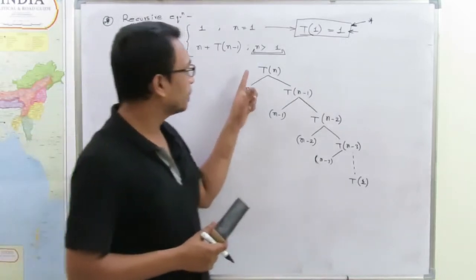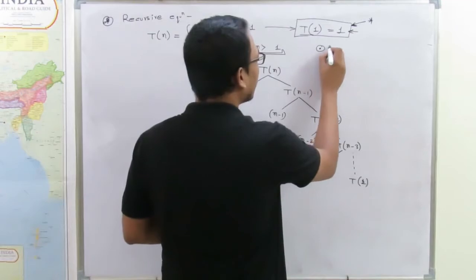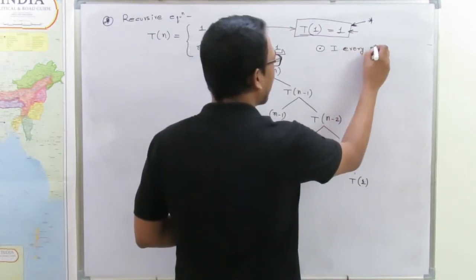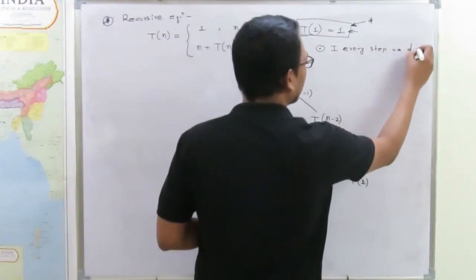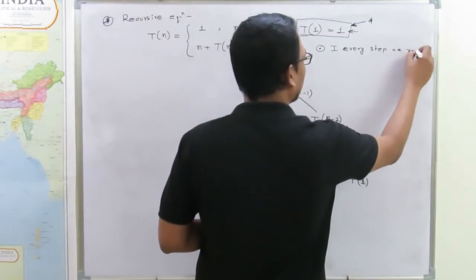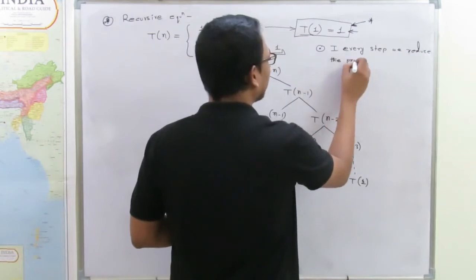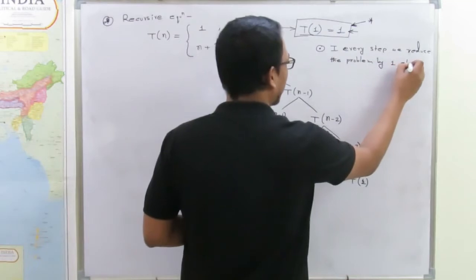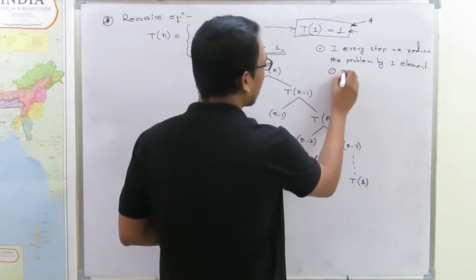So the point is, in every step we reduce the problem by one element only, and in total we have n elements.